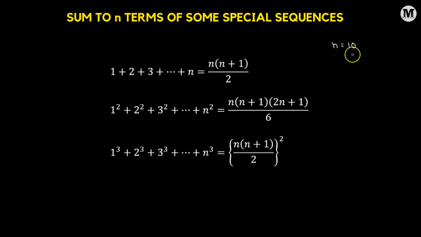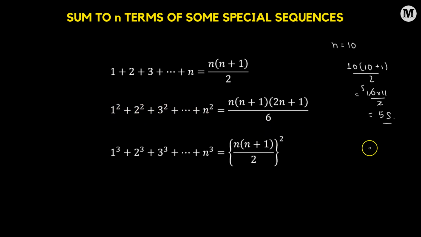Then the sum is simply 10 multiplied by (10 plus 1) divided by 2. So this is 10 times 11 over 2, which gives us 5 times 11, that's 55. So the sum of the first 10 natural numbers is equal to 55.